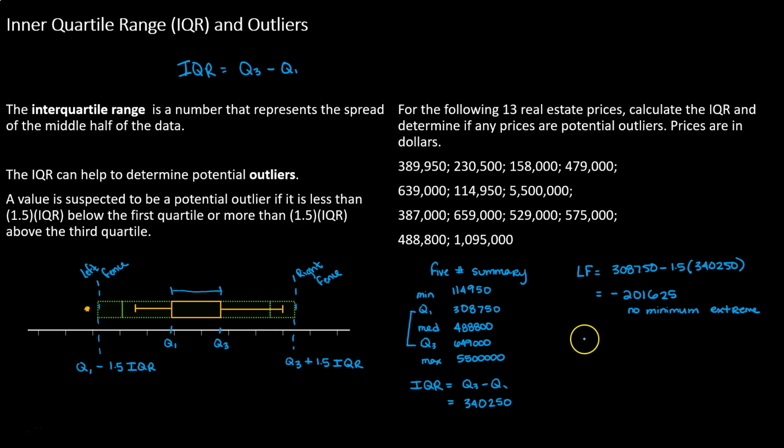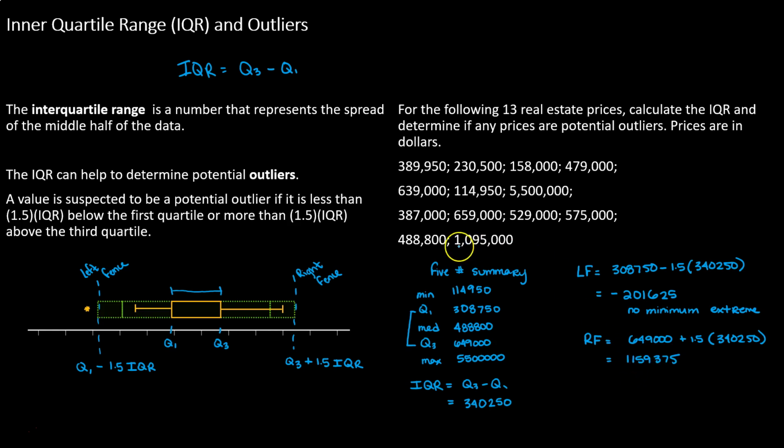Let's take a look on the maximum side. So let's calculate our right fence using our third quartile plus 1.5 times our IQR. We find that the right fence exists at 1,159,375. We actually do have a data value that's larger than this.